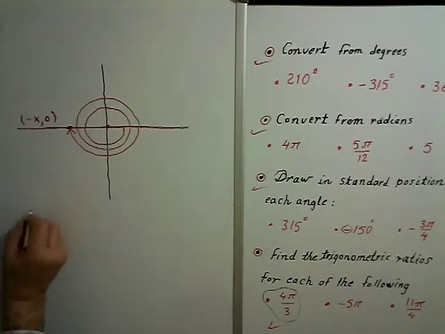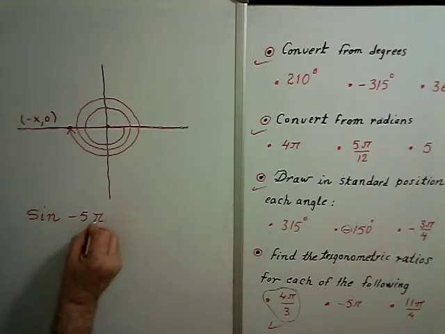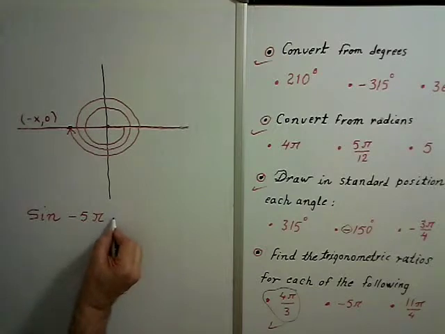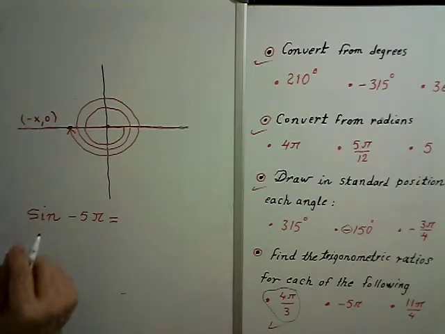We say sine of negative 5 pi is equal to... you see here, there is a point we need to talk about.